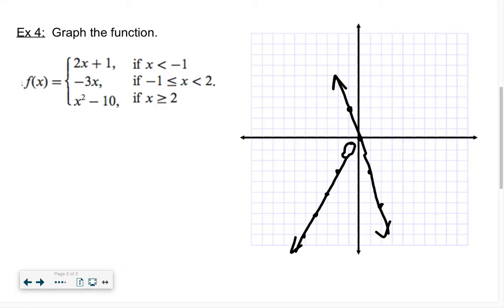But again, we want the x's between negative 1 and 2. So I'm going to erase up to there, and then I'm going to erase right there, and go back and look at what should be open and what should be closed. The negative 1, it can be that, so a nice bold dot right there. 2, that one actually needs to be open.